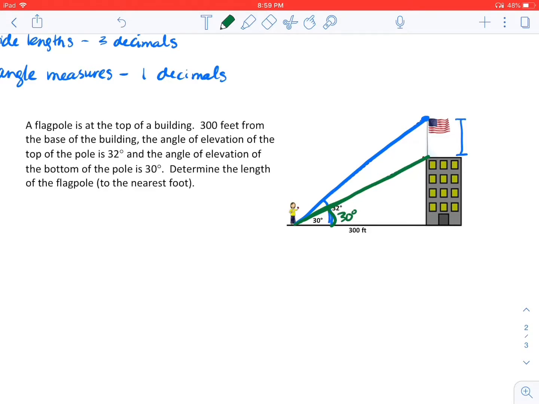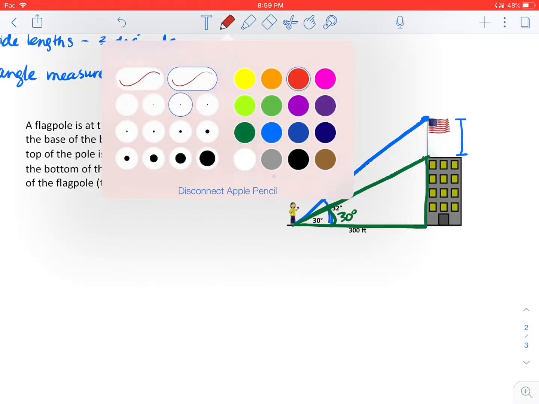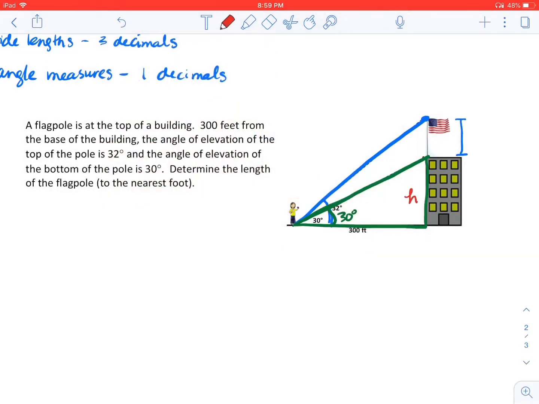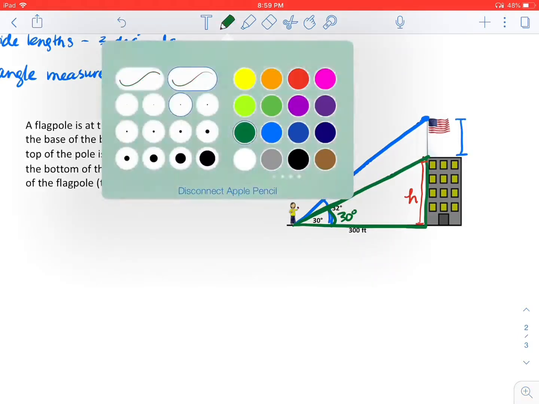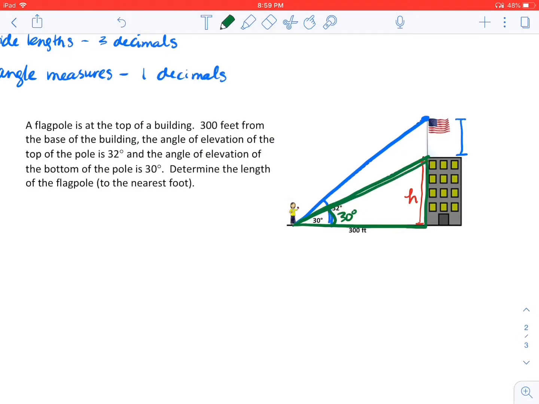If we're able to set this up appropriately in the diagram, thank goodness the diagram is given in this case, we can set up two ratios, noting that I could call the height of the building h. That's just the building height. I don't know what its value is particularly. I'll just call it h for now. And using that as h, the green triangle that's outlined is a right triangle with an angle of 30 degrees.